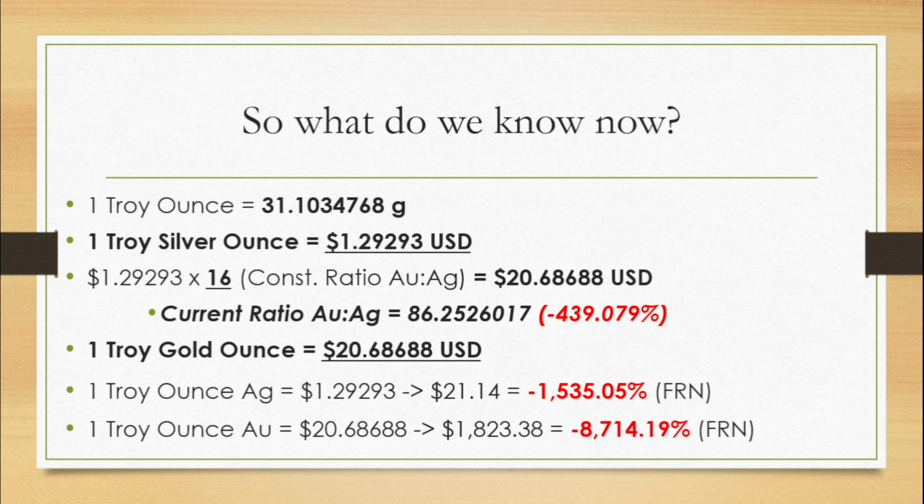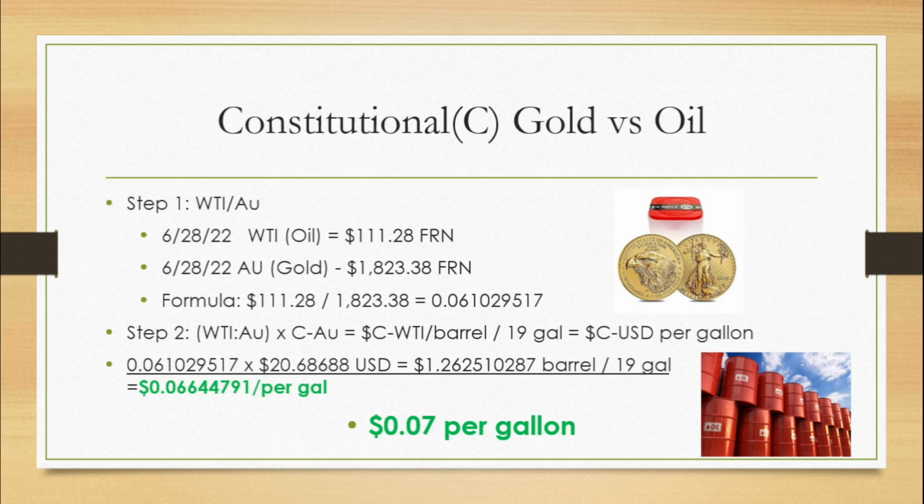Okay, moving on. So this is where we're going to get into some of these really detailed examples. In this first example, we are measuring constitutional gold versus oil. We have some prerequisites: our Federal Reserve note price of oil and Federal Reserve note price of gold, and a quick ratio: 111.28 divided by 1,823 gets us a ratio of that 0.06 number.